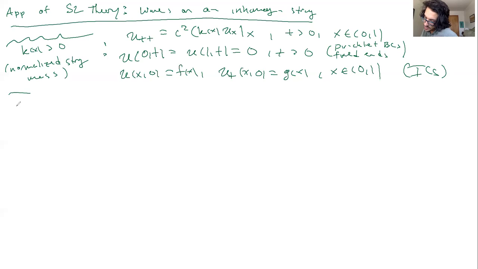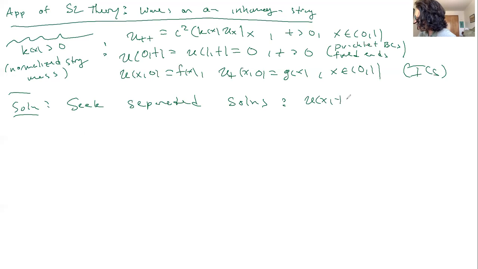We seek separated solutions, right? What do those look like? u of x, t equals v of x, w of t, okay?